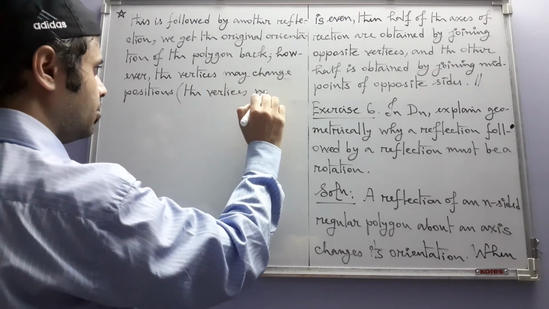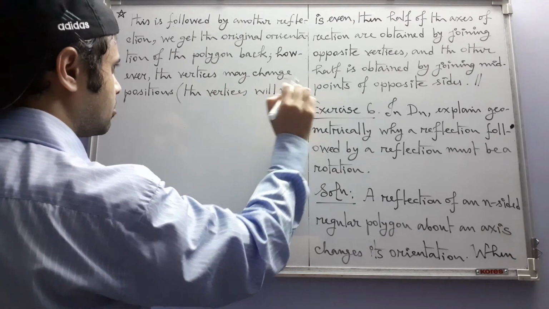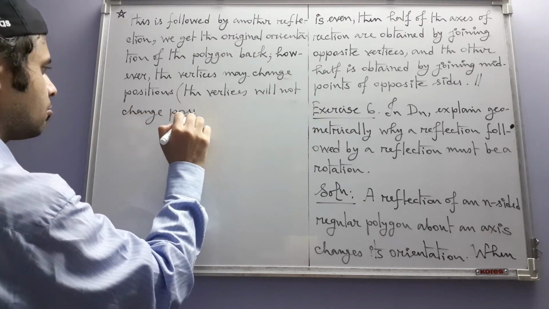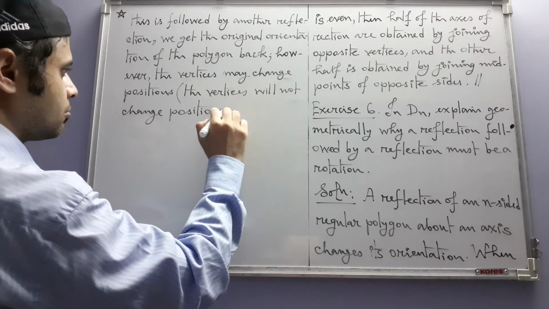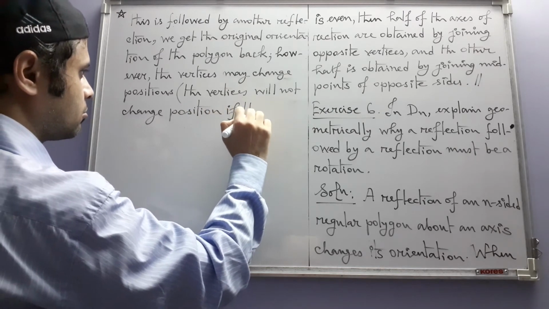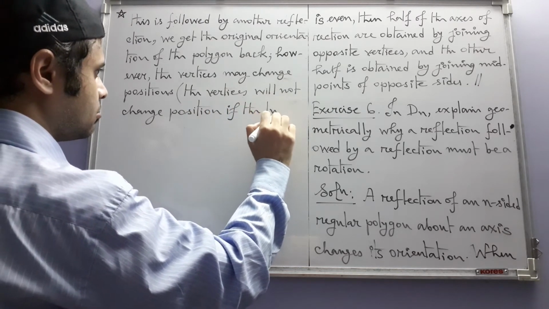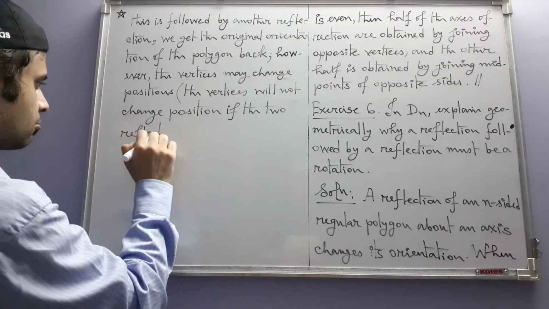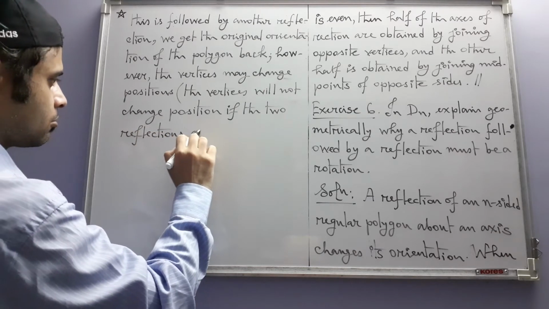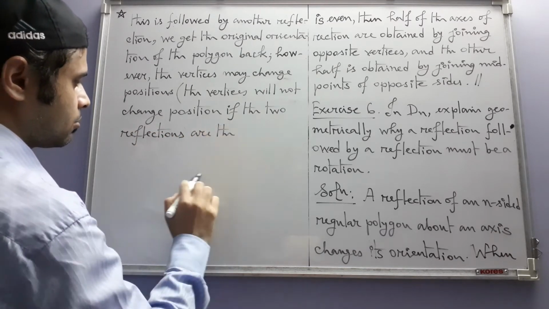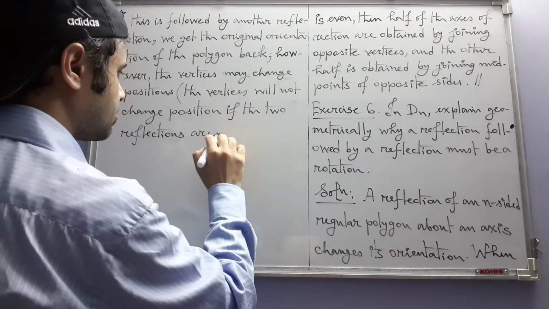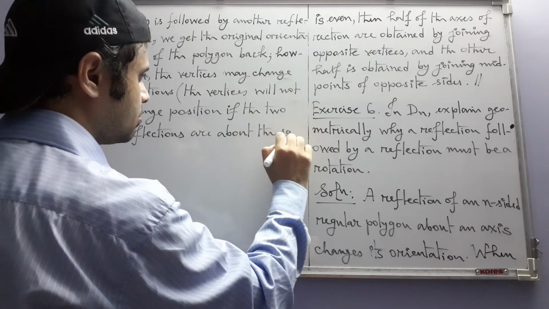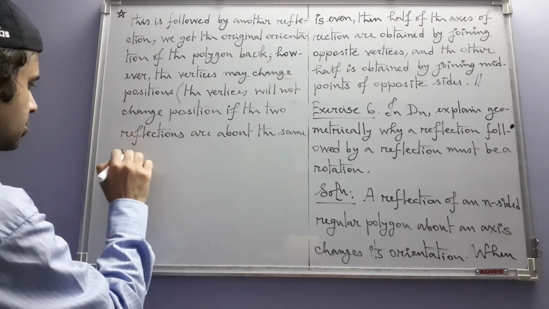The vertices will not change position if the two reflections are about the same axis.